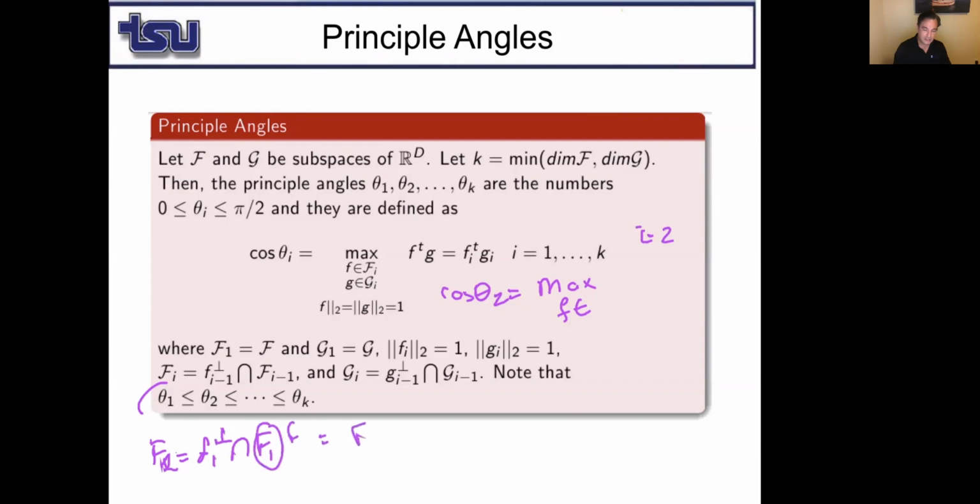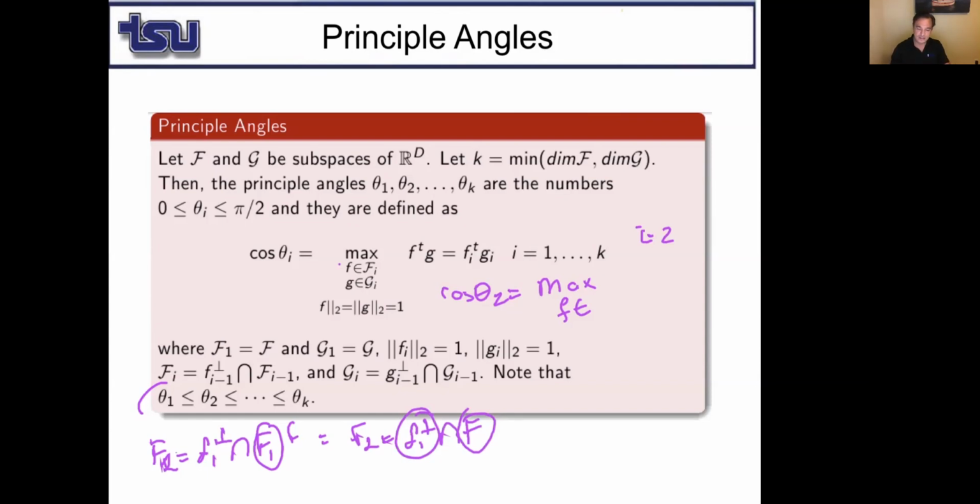In other words, f2 is f1 perp intersection F. So what happens? Think about f1 and get the complementary subspace. Basically, the perp intersection F is going to give me the complementary subspace of f1. And now I'm going to do the same thing in the complementary subspace of f1 and g1, and I will repeat the same thing.